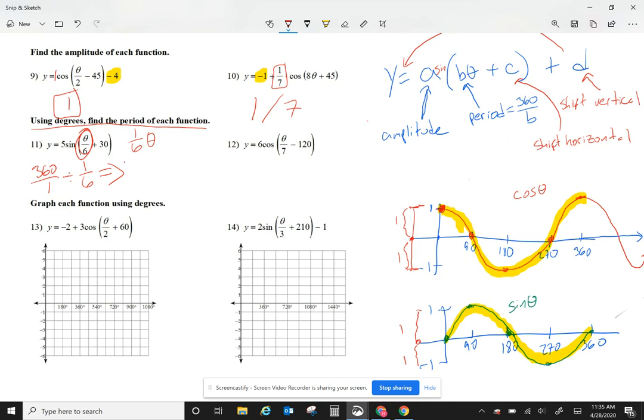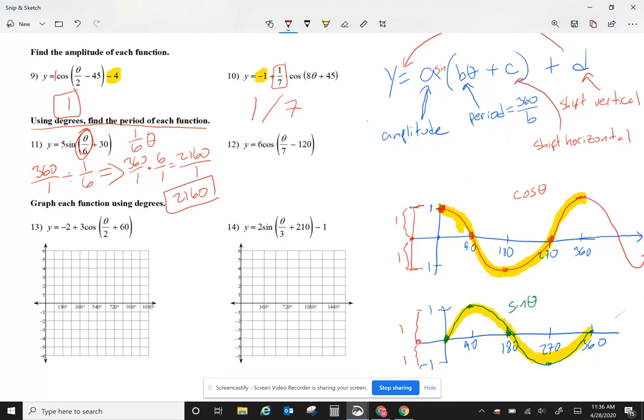Let me call this 360 over 1 times 6 over 1. Now, I know 360 times 6 is 2160. 1 times 1 is 1. 2160 over 1, I'm just going to say 2,160 degrees.